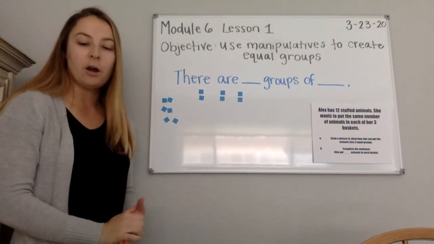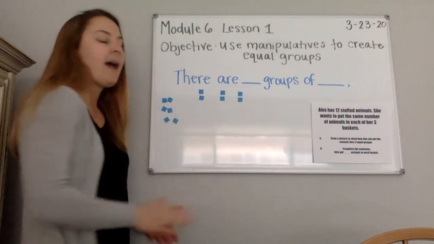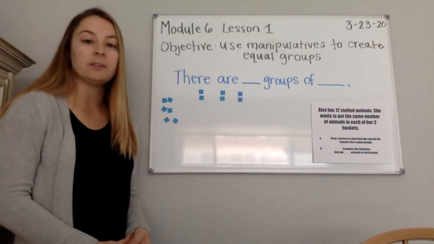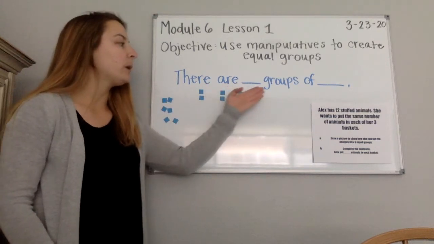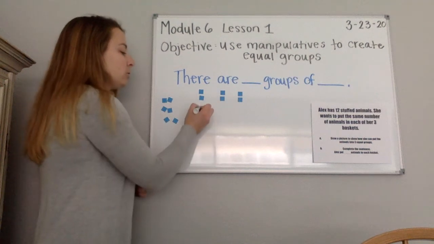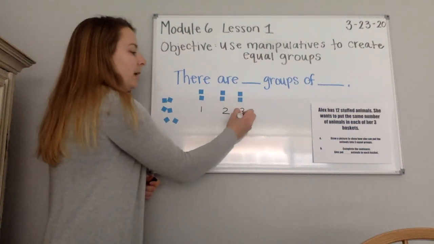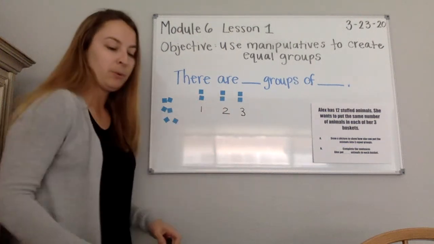And I know that there are 3 groups, 1, 2, 3, and that I used all 6 of my counters. Looking at my sentence frame here, I would fill it in with there are 3 groups of 2. I have my 3 groups, group 1, group 2, and group 3, and there are 2 counters in each group.